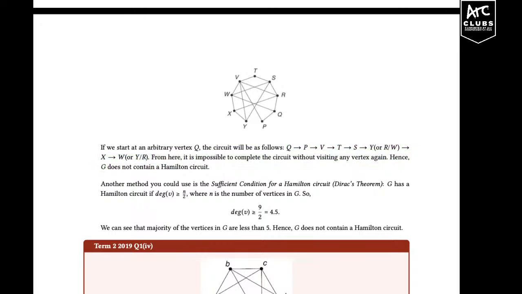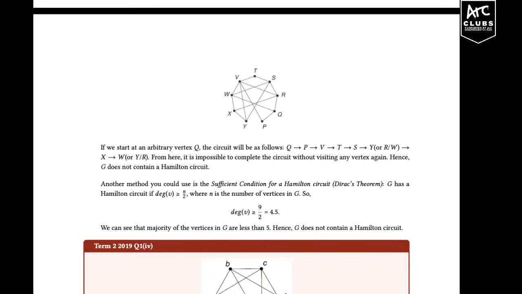If we start at an arbitrary vertex, say Q, you can see that the only option I have from here is to visit vertex P. The reason for that is because vertex P has only 2 edges incident on it, so I have to go through my edge QP in order to include this vertex P. From there, you would head to P and then to V. Same concept, I would need to visit vertex T from vertex V, because vertex T only has 2 edges incident on it, so I would have to use my edge VT.